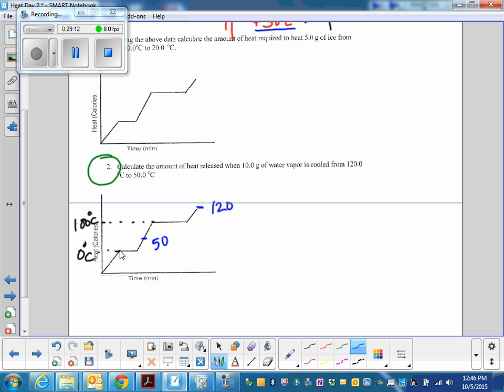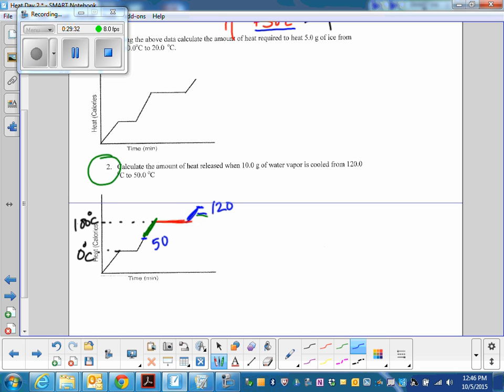Is that right? So how many steps are involved? 1, 2, 3. Is that right? I have to do 3 separate calculations. Correct?